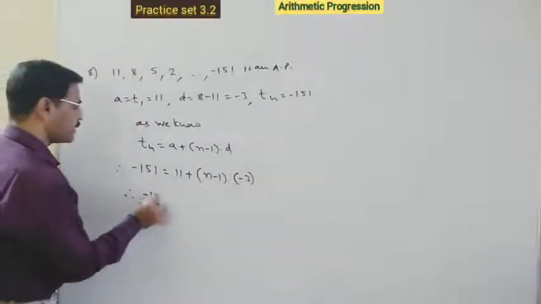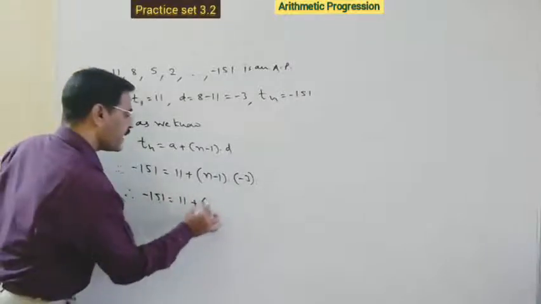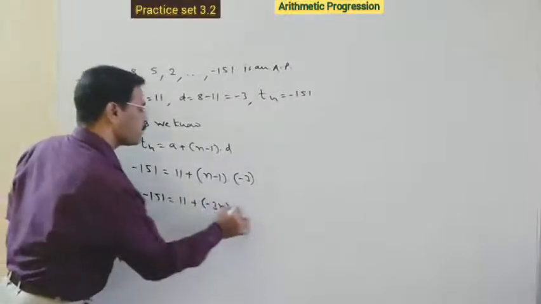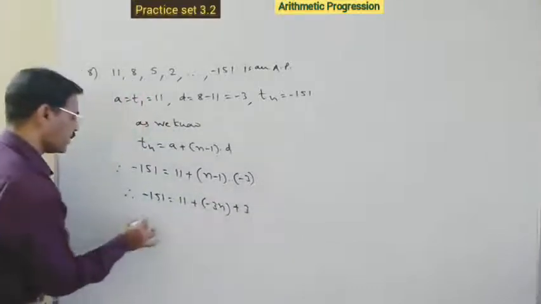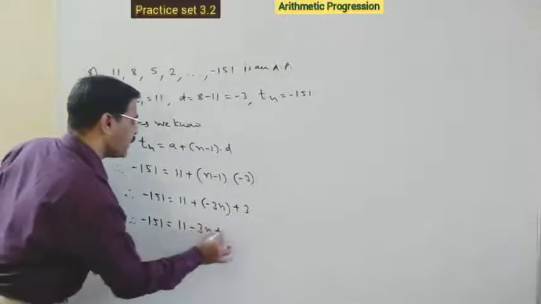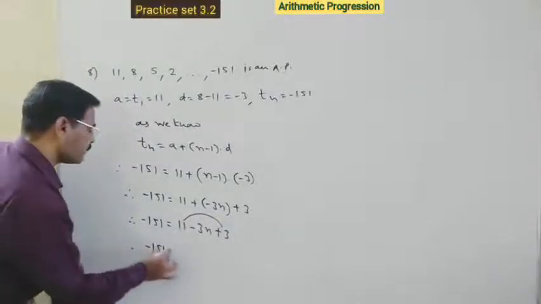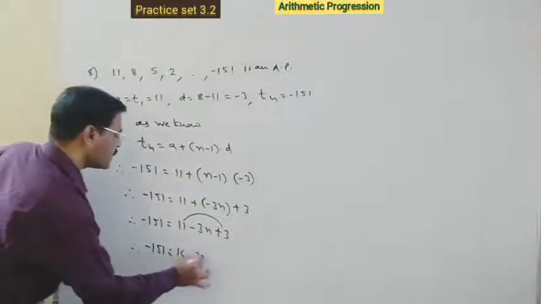Look here, very simple sum. This is 11 plus minus 3n, minus minus plus 3. So in the next step, 11 plus 3 minus 3n. What do we get from 11 plus 3? 14. So 14 minus 3n.